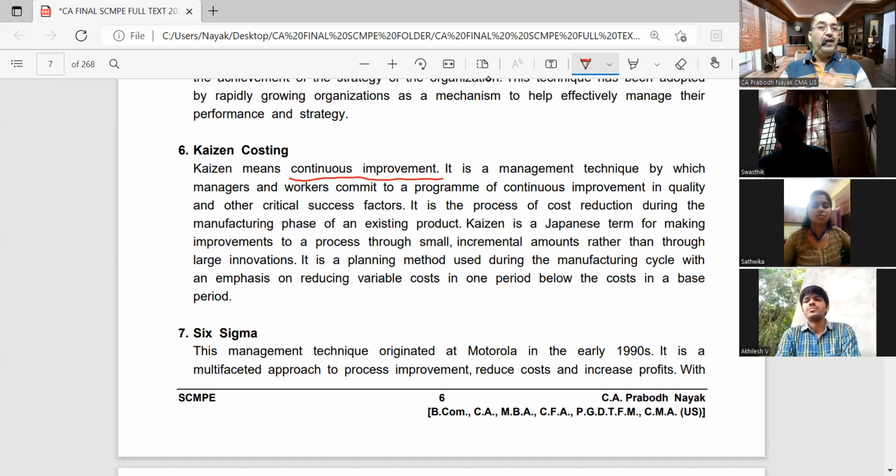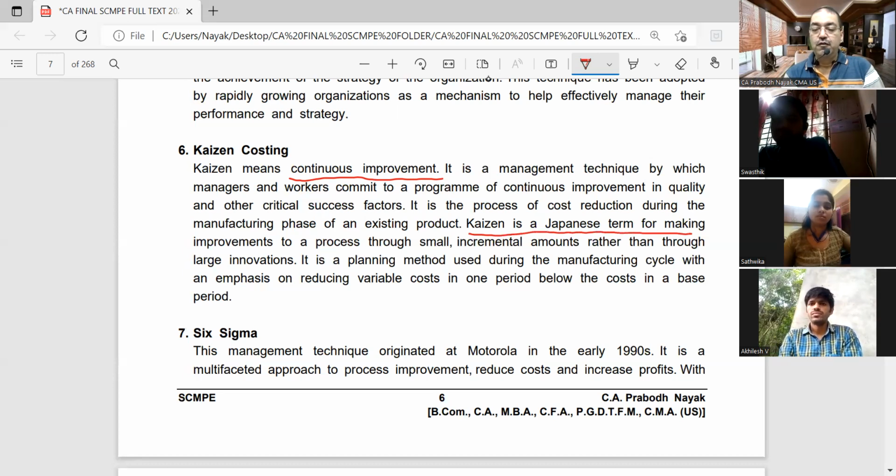So every day you do something better than what you have done yesterday. 1% change, and you will see that there is continuous improvement brought about every day. So the end of the year, you are having a total 200-300% change in your business activities. That is continuous improvement. Okay. So Kaizen is a Japanese term.